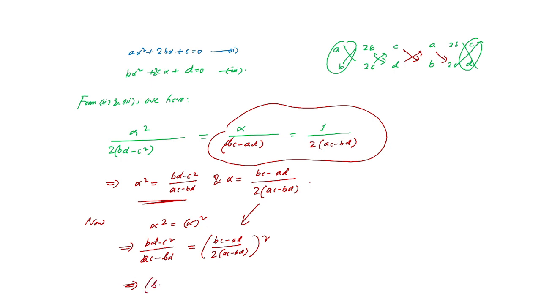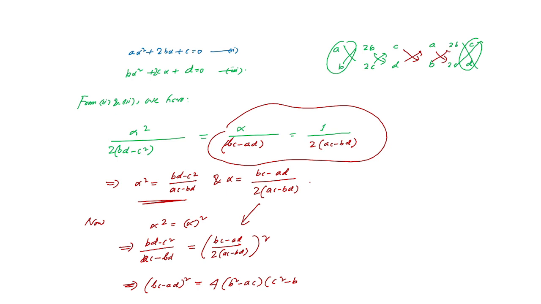We will get bc minus ad whole square equals to 4 into b square minus ac multiple c square minus bd.